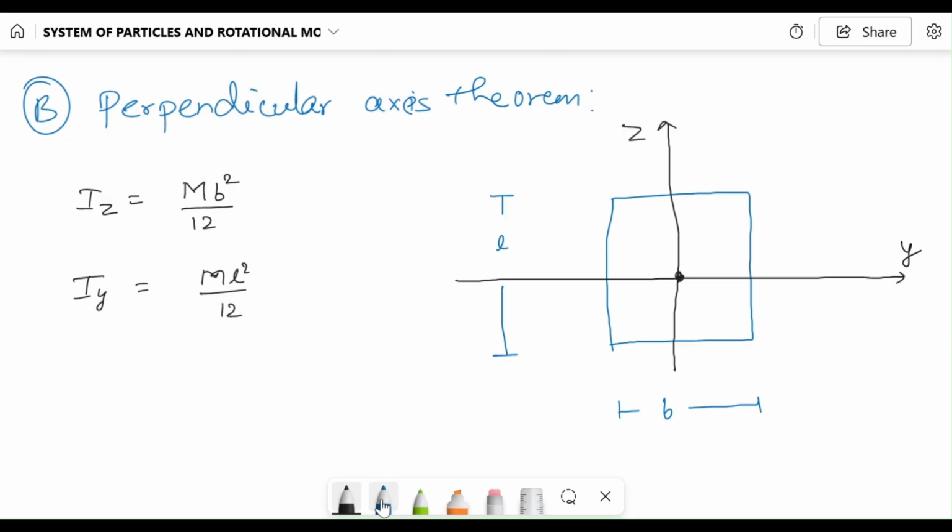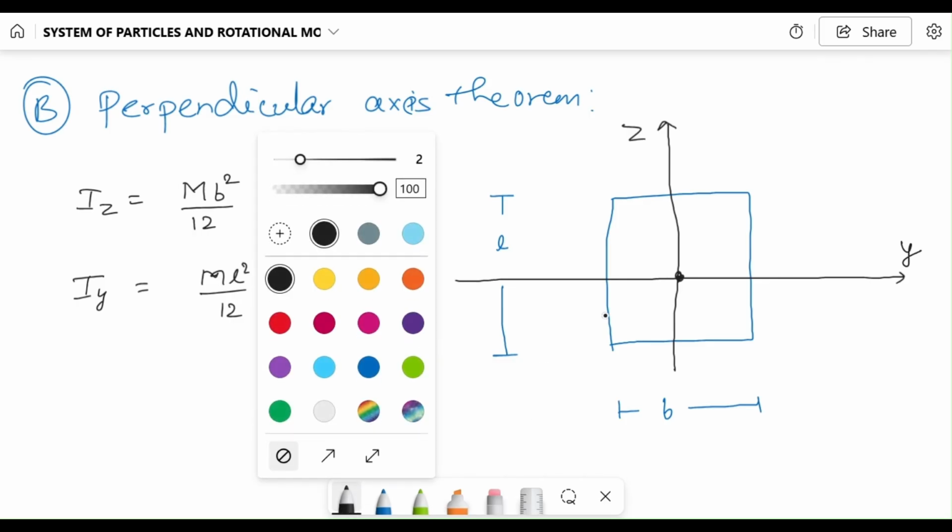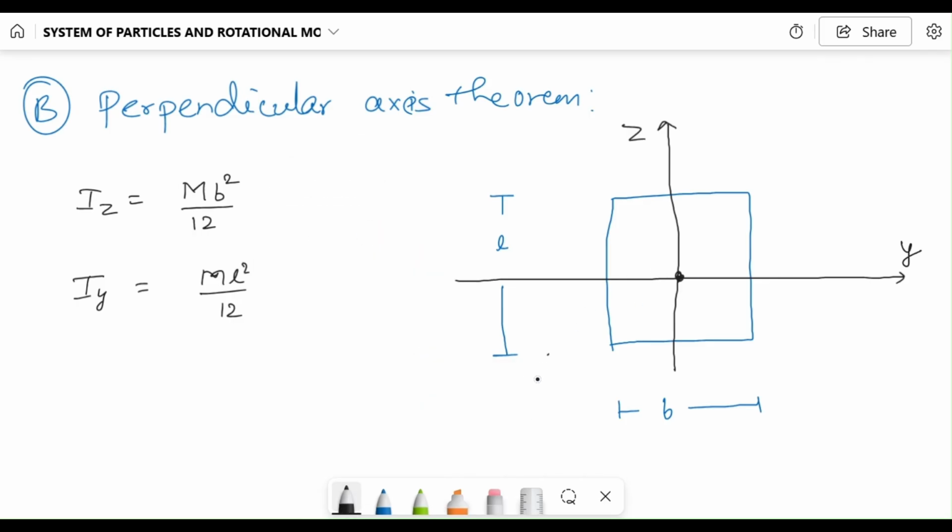And now I want to know its moment of inertia about an axis which is perpendicular to the plane of this lamina, or perpendicular to both these axes, which are also perpendicular to each other, orthogonal you can say. So we can write Ix equal to Iy plus Iz.